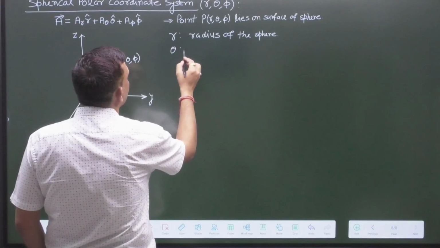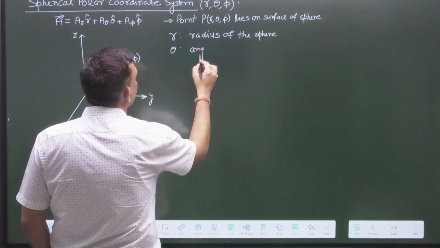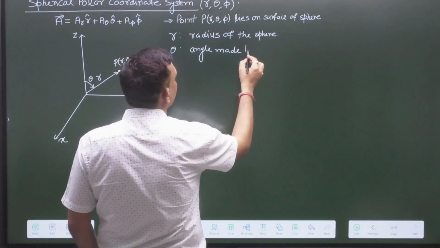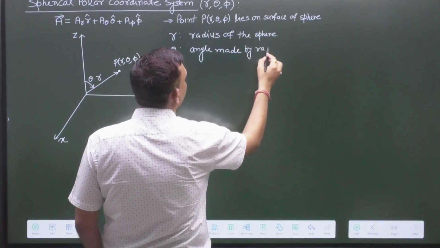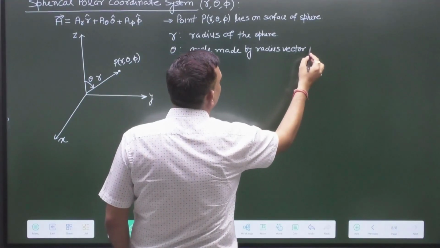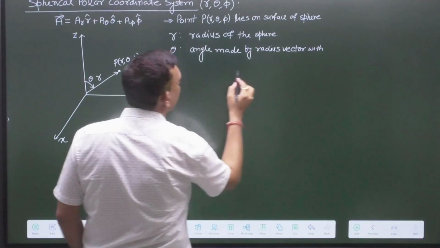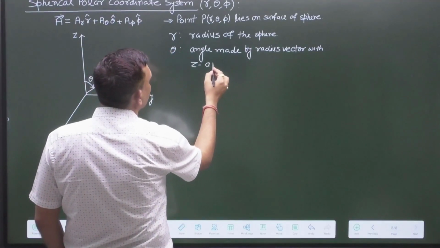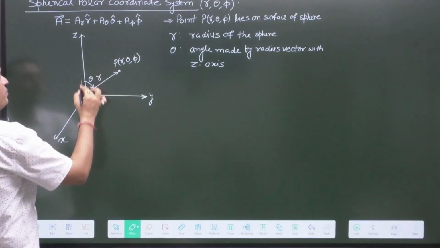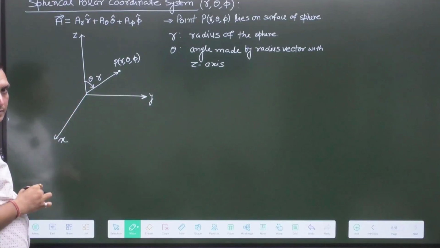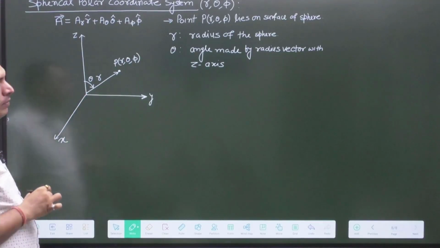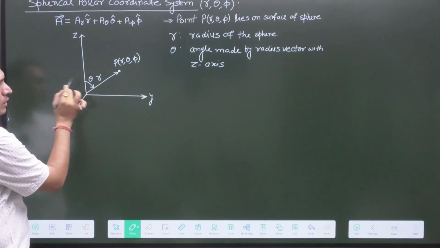Theta is the angle made by the radius vector with z-axis. This is the radius vector which makes an angle theta with z-axis. And this arrow shows the positive direction of theta.